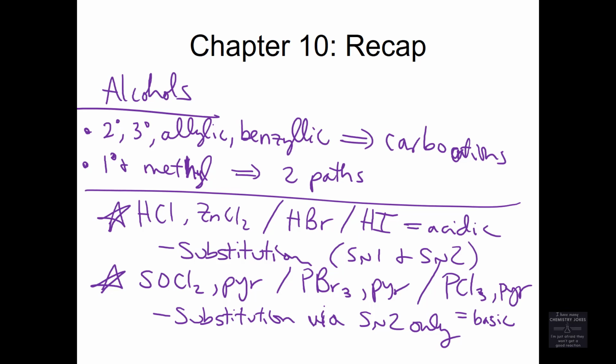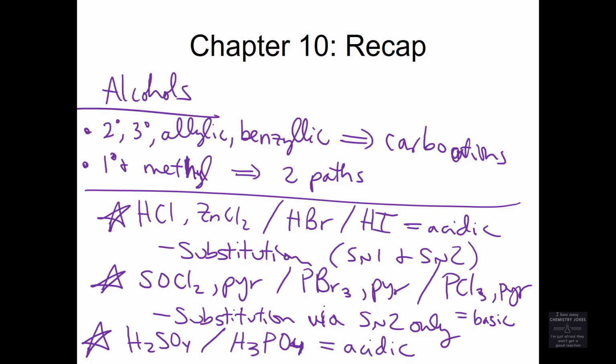We've got two more things to write down here, and I'm afraid I'm not going to be able to fit them. If you add reagents like H2SO4, H3PO4, or POCl3, these are often heated, and those are acidic conditions. But those acids have big, bulky conjugate bases with delocalized electrons.